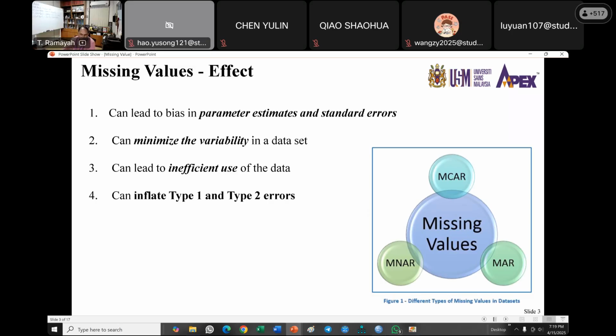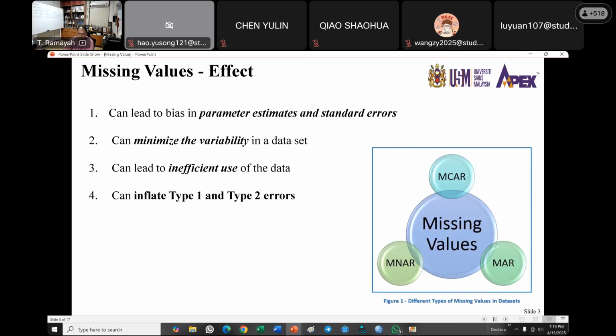The standard error can be higher or lower than what it is supposed to be. Those are what is called bias. If you have many missing values, the variability will go down because the sample size is smaller. If your sample size goes down, then your use of data is inefficient. So this will inflate type 1 and type 2 error. That is why missing value needs to be addressed.